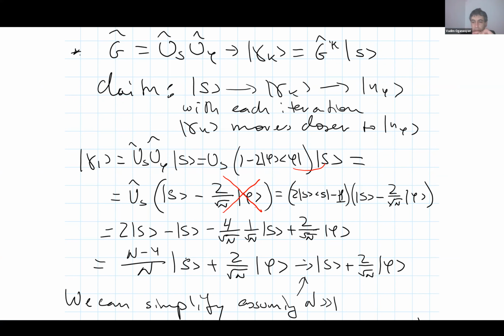If that piece is missing, then this piece is missing. Let me spare you the mystery. This piece is missing, and so every time you apply this algorithm, you don't go anywhere. You just stay with the initial state, which is a superposition of the states of the database.